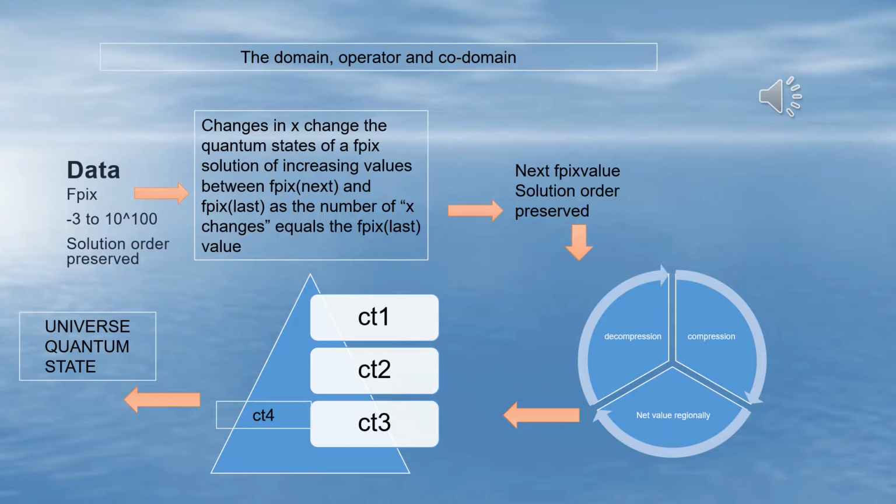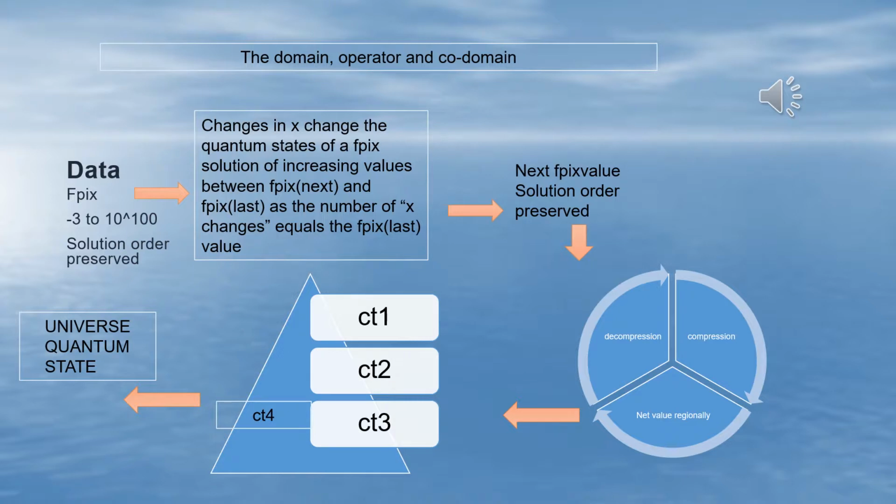The codomain then is the next f pi x value solution order preserved set of data. This becomes the new domain. The second operator on the new domain is the compression-decompression cycle, which yields a net regional value.